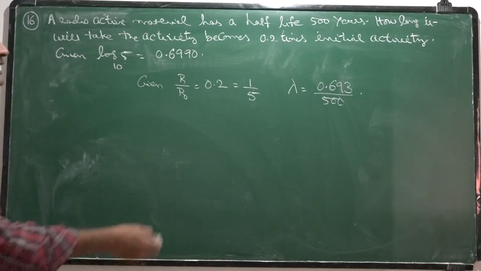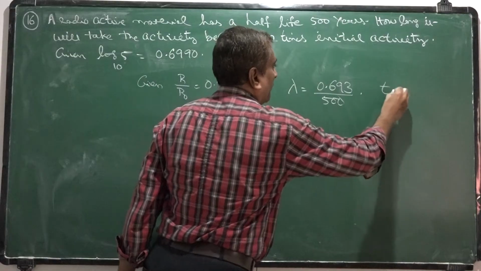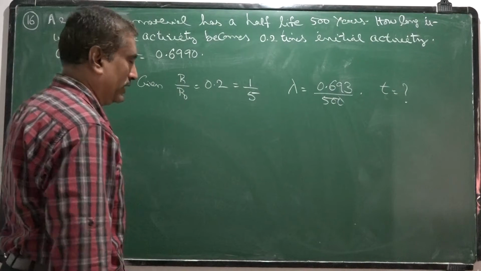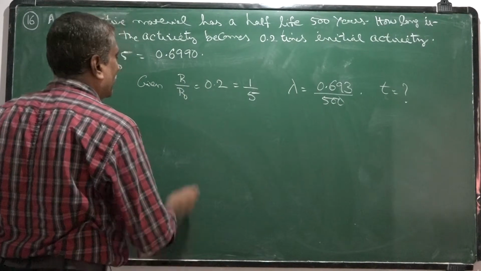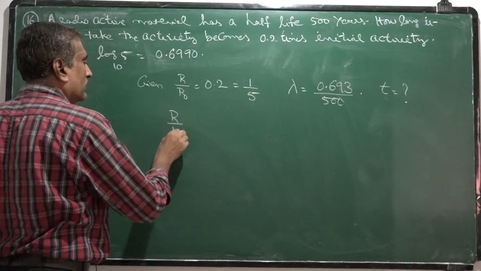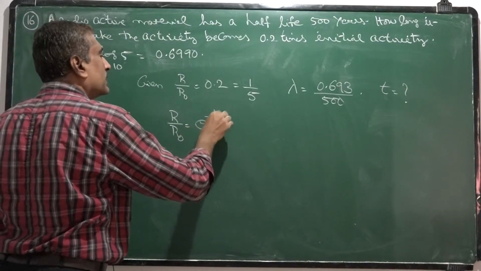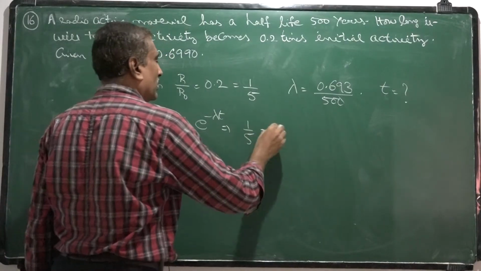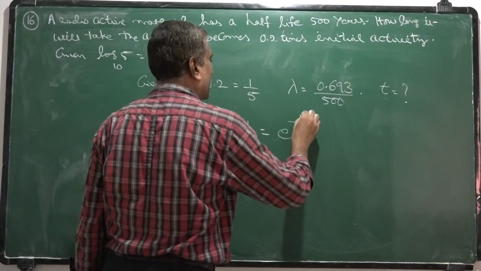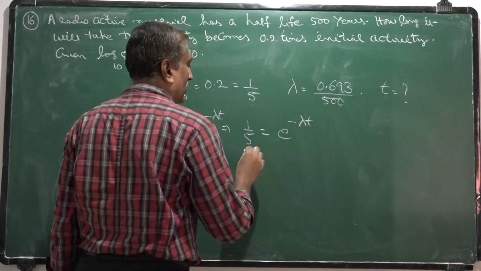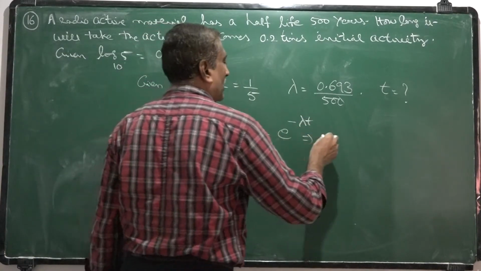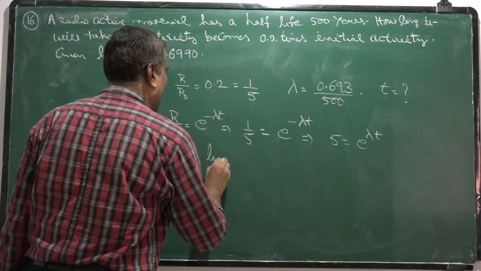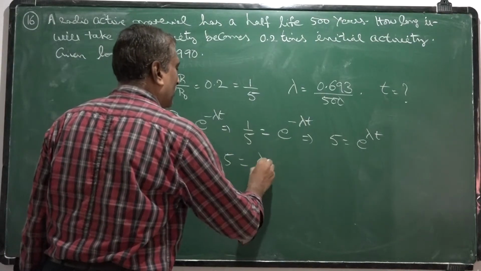Now you have to calculate the small t, the time during which the activity reduces to 0.2. Now relate R by R0 = e^(-λt), so 1/5 = e^(-λt). This implies 5 = e^(λt). So ln 5 = λt.